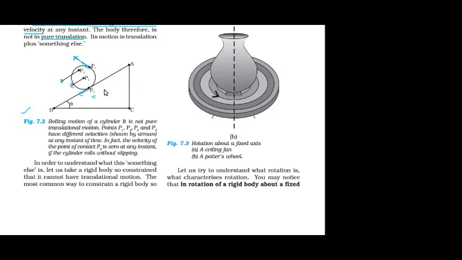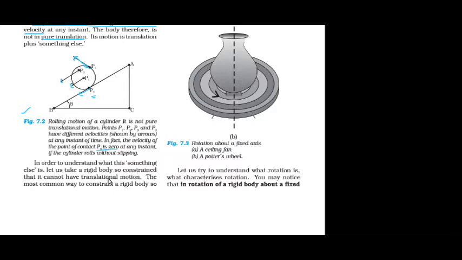Point P3 is not moving, its velocity is 0, because there is no displacement for point 3. So they have told that the velocity of point 3 is 0 in this case, when the cylinder is slipping, not rolling.